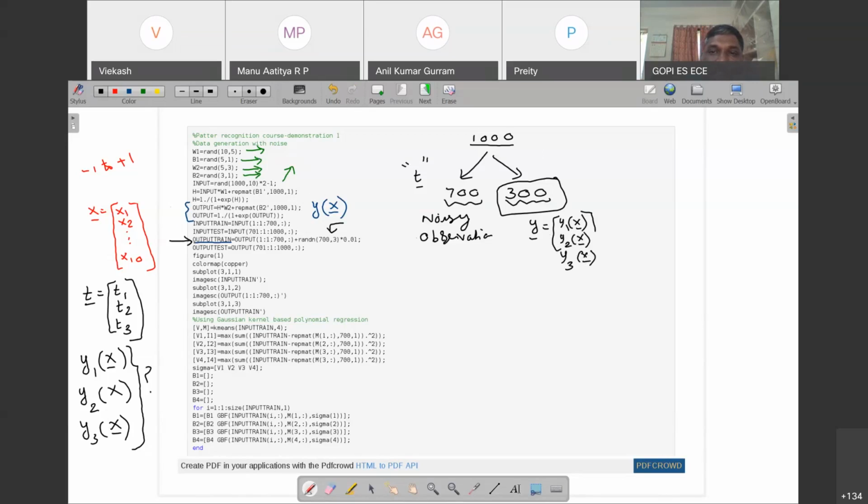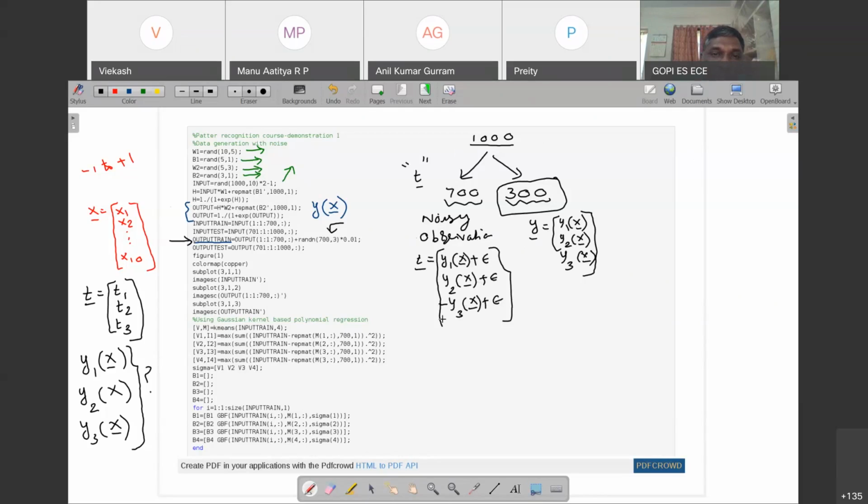So this is y here, and T for the 300 noisy observations is y of x plus noise, epsilon will come here. That is a major difference. So we have y2 of x plus epsilon, and then y3 of x plus the noise.